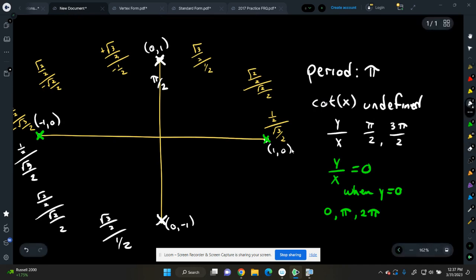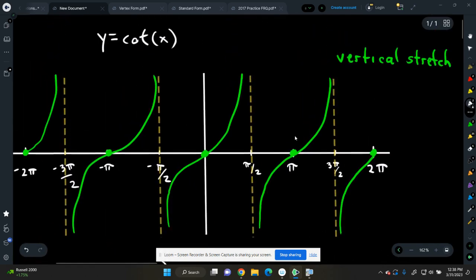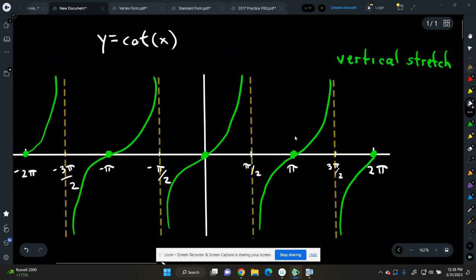No, because now I'm looking to see where the y is equal to 0. So we're looking at 0, pi, 2 pi. So our asymptotes are going to be different. So let's move those.